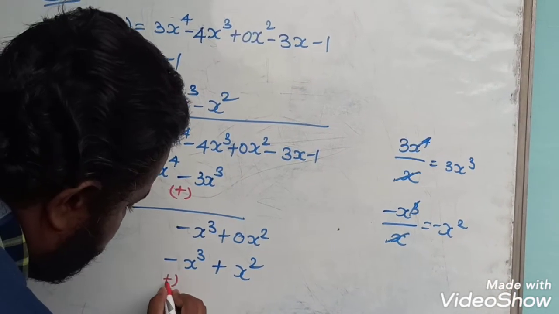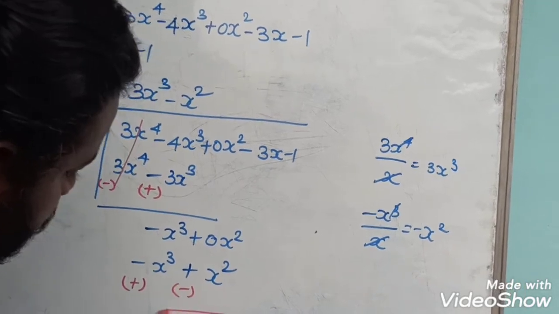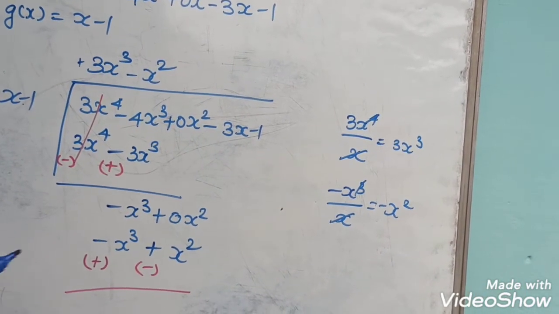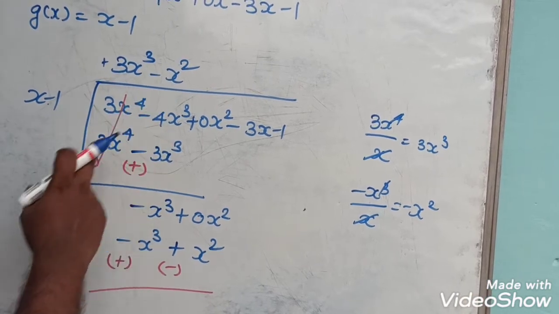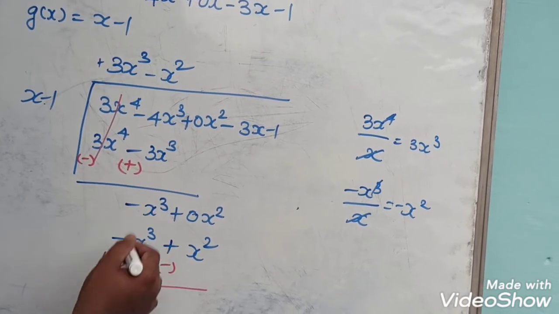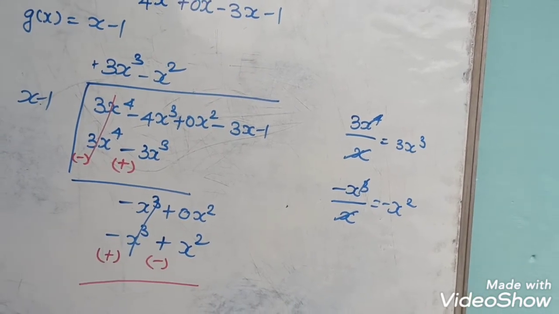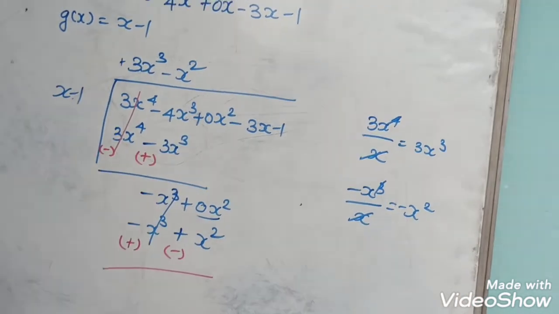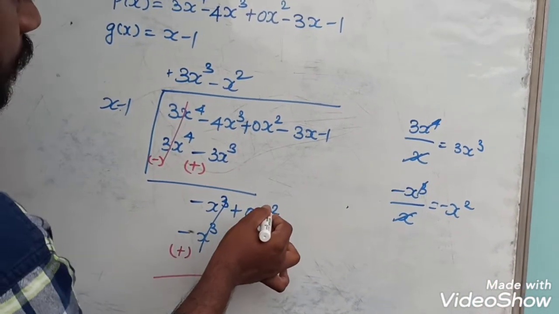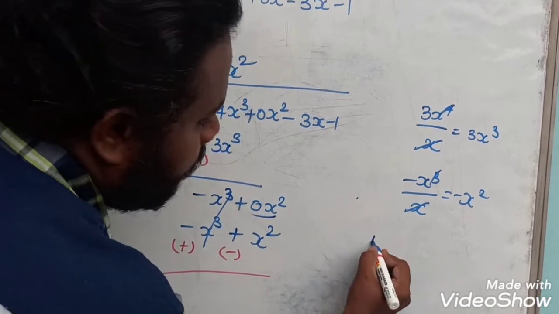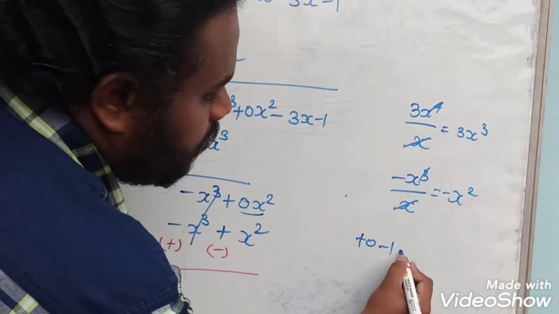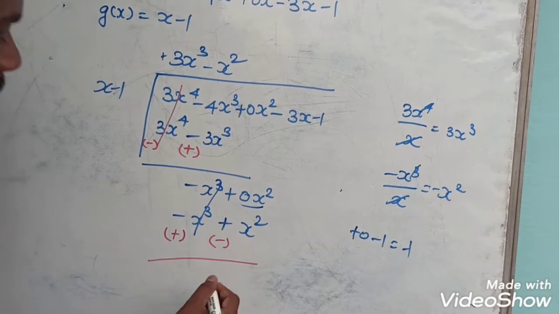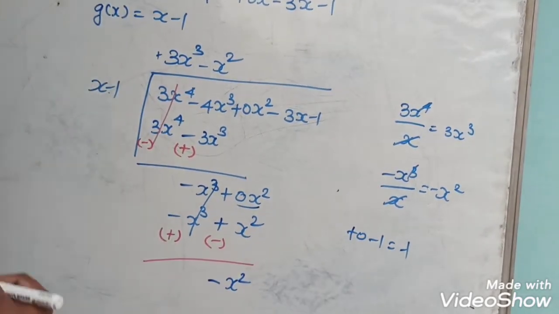So this one is plus and this one becomes minus. Now you see, here minus x cube plus x cube cancel. Here there is no term at all, that is a 0. So plus 0x square, that is plus 0, and then minus 1. What we get? Minus 1. That means minus x square.